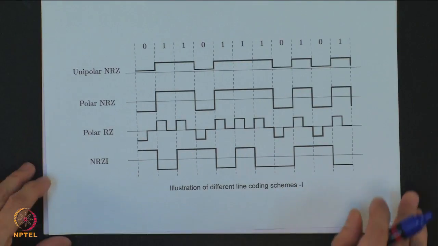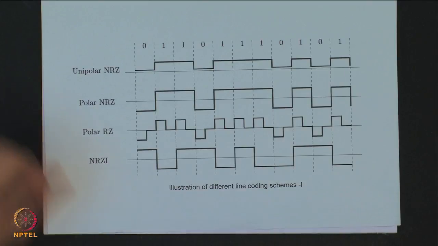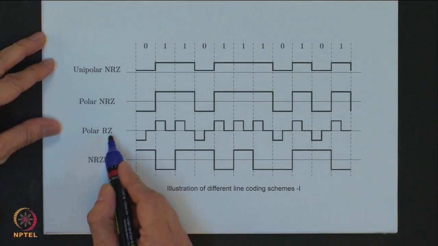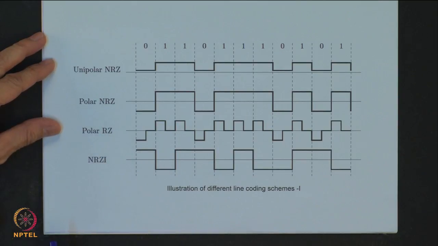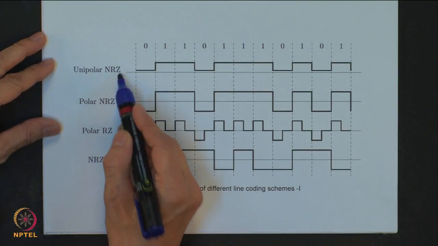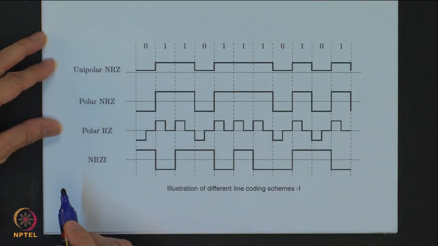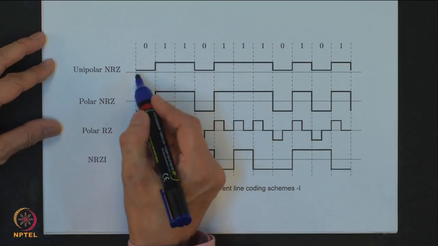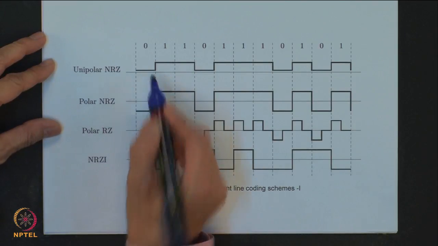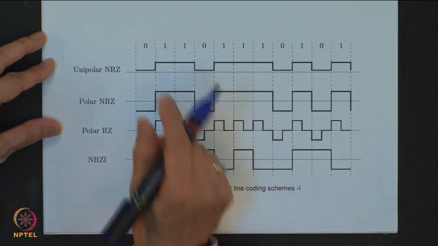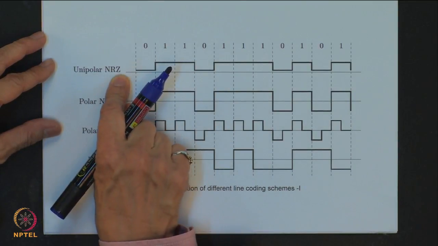Now, in this figure you will also notice there is something what I have written here, polar RZ. This NRZ means non-return to 0. So, what it means that for the bit duration of TB, the pulse exists for the full duration. So, example, take unipolar NRZ.